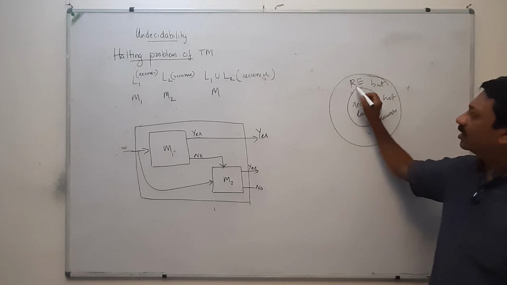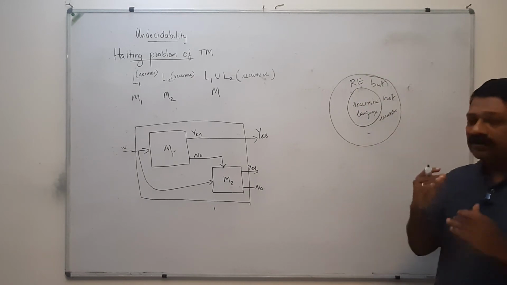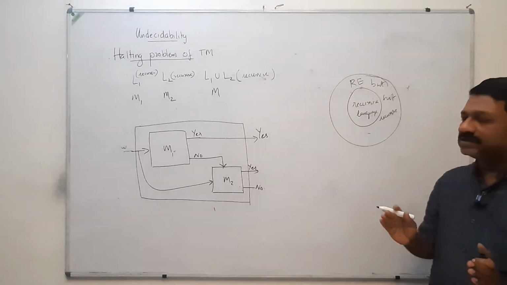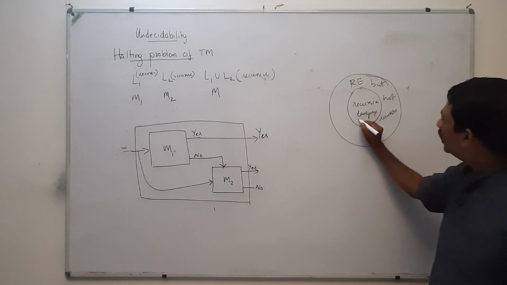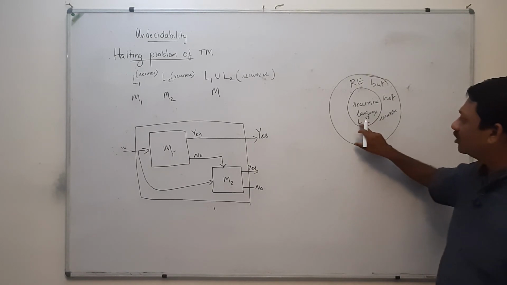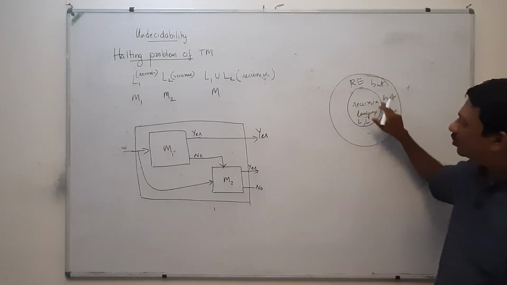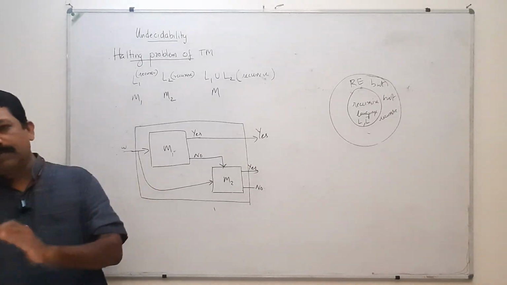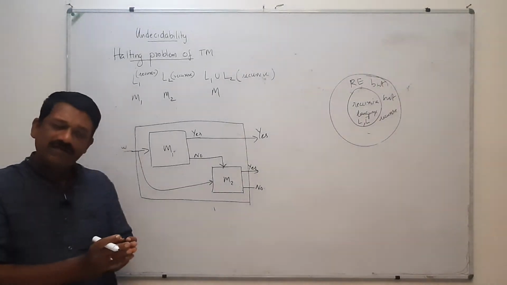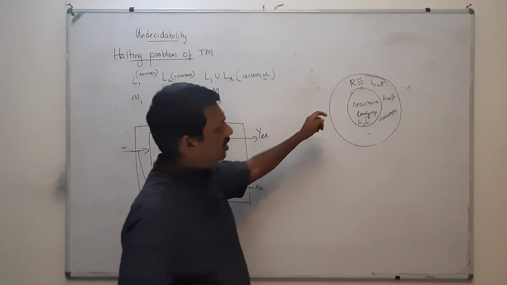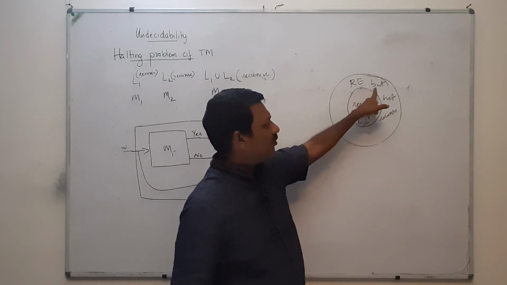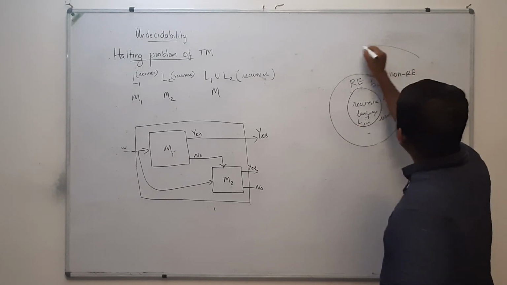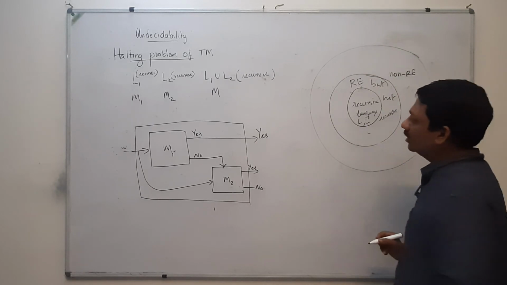A recursively enumerable language is said to be recursive if the language and its complement are both recursively enumerable. If L is recursive, then L bar is also recursive. There is no possibility of a language being recursive while its complement is only recursively enumerable. Then there is the case of recursively enumerable but not recursive. The outer layer is non-RE, that is, non-recursively enumerable.